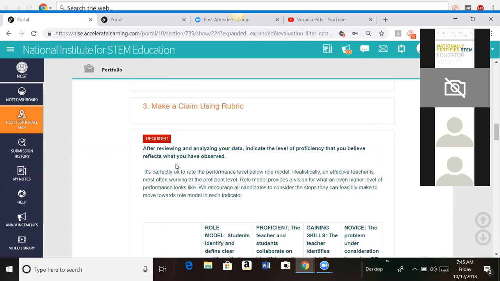Are you getting where I'm coming from, that you could use multiple observations for more than one indicator? Yes. Okay. Sometimes, and I don't know if all of you are science teachers or if your whole school is doing this, because I'm the coach and I'm not launching anything, but you can bring all your other curriculum into this.